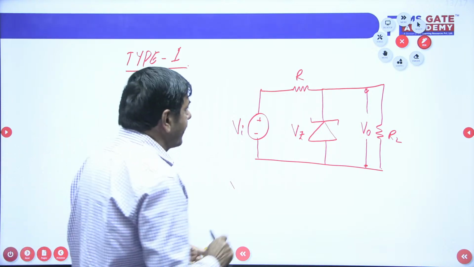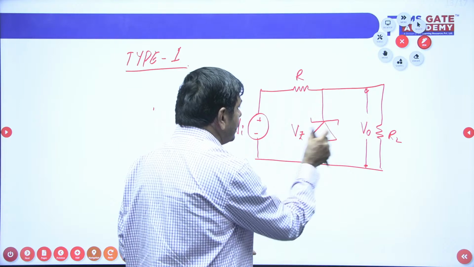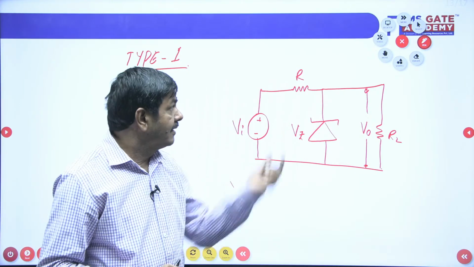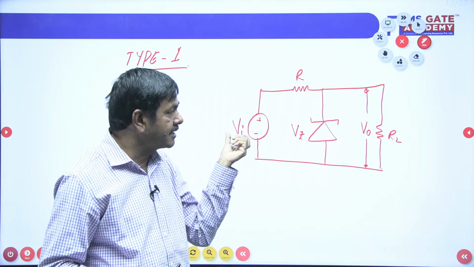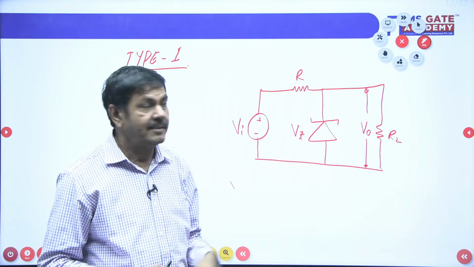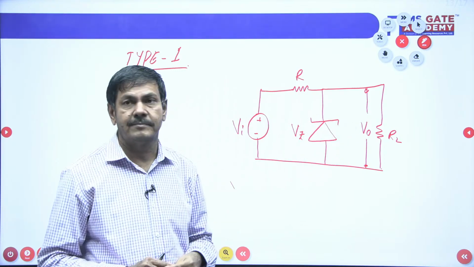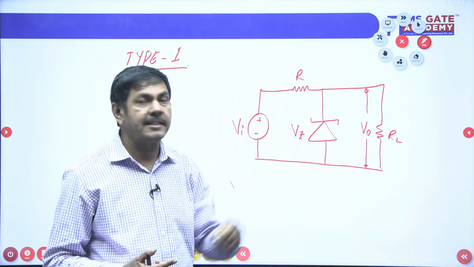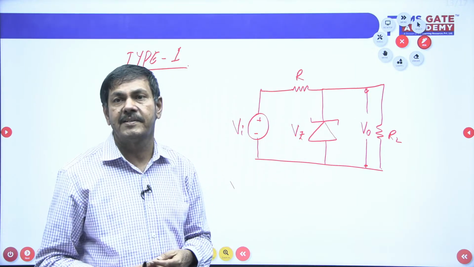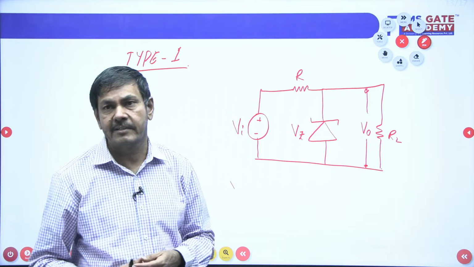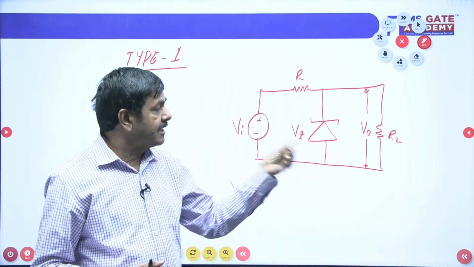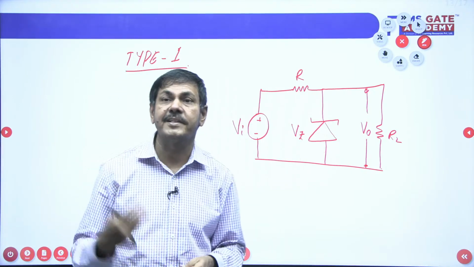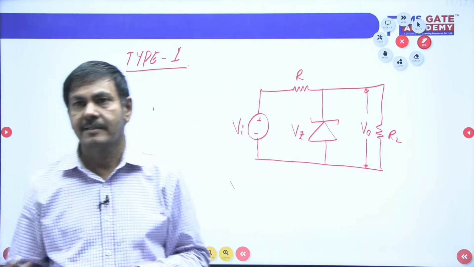Now try to understand. Suppose you are given VZ equal to some voltage, say VZ is 5 volts. R is given, VI is given, RL is given, and it asks to find the V naught value. If VZ equals 5 volts, can anybody say what V naught you can get from the given circuit? If the Zener voltage is 5 volts, can you say what V naught is for the given supply?